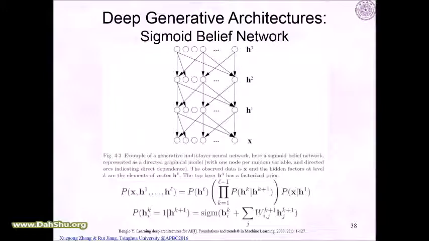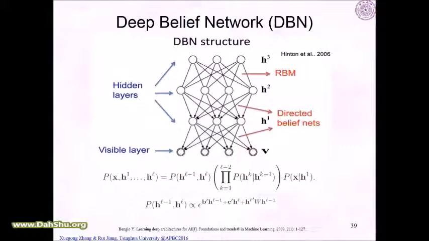But it turned out to be difficult to train, and then people invented the deep belief network, where some of the layers are directed and some of them are not directed.